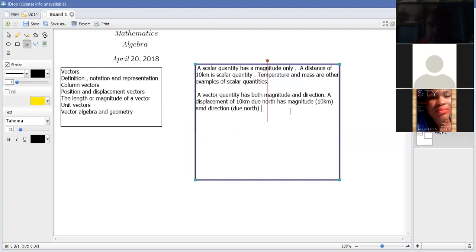So in terms of vectors, you will have both direction and magnitude to look at. And it is therefore a vector.